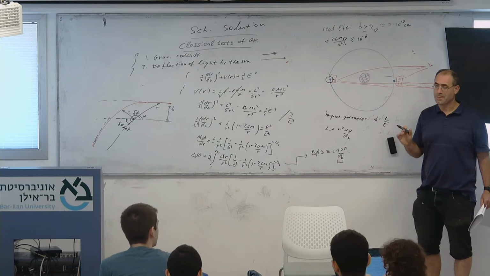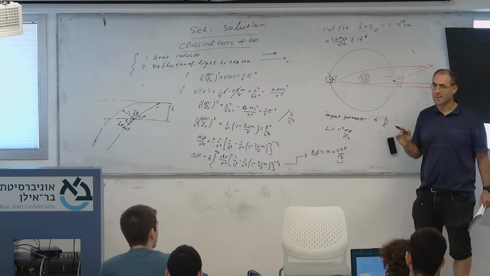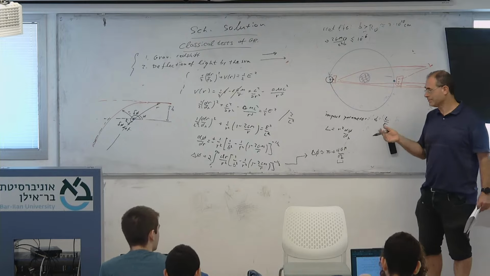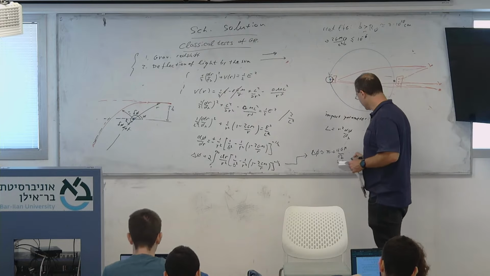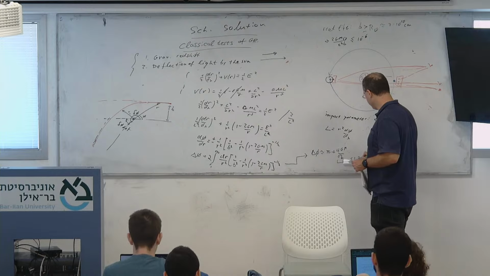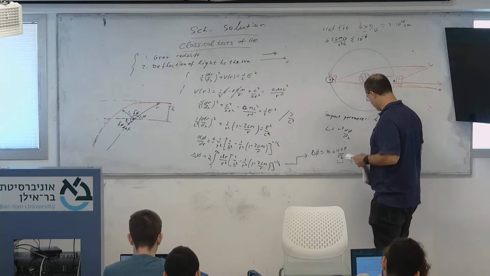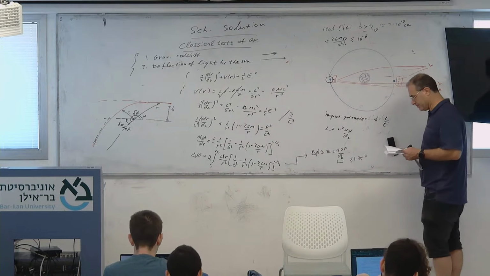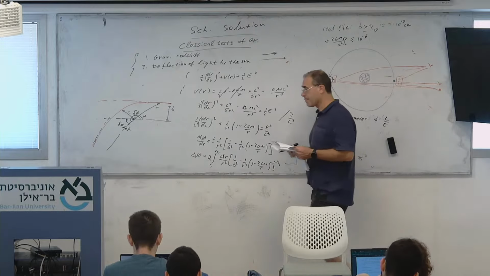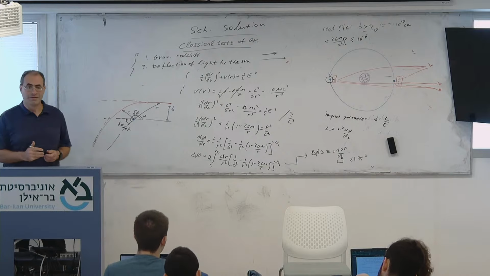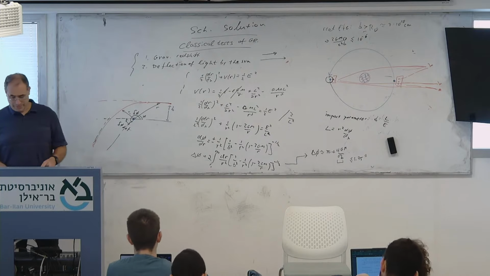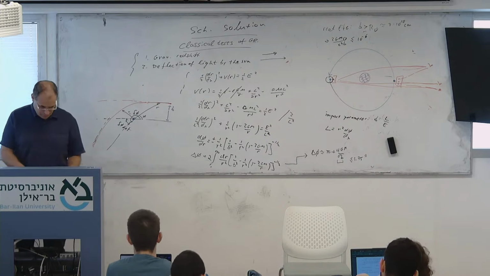Yeah, it's quite small. So this is smaller than 1.75 arc seconds. This is a single arc second. It's very small.